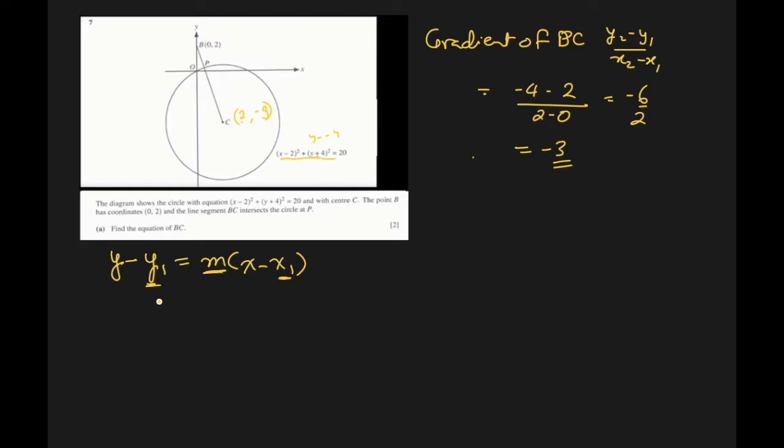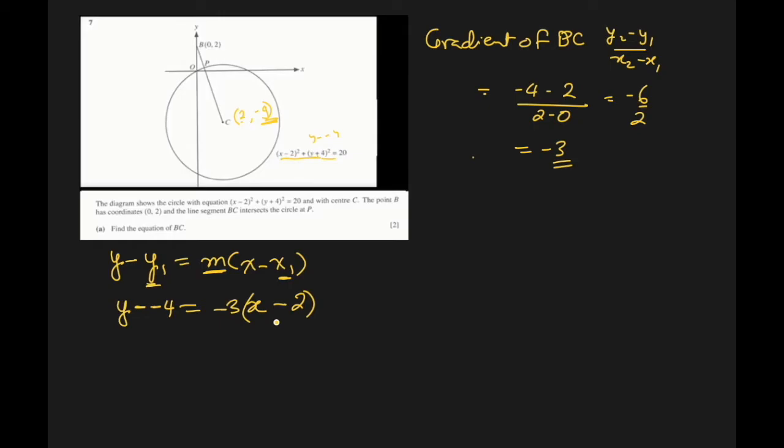Now we can put these values in this equation. y and x are random coordinates on the whole line, so we don't have to replace them, but y1 will be the coordinate of any one. Let's say this negative 4 is y1, so it will become y minus negative 4 equals m, which we now have as negative 3, times x minus what is the x coordinate? 2.